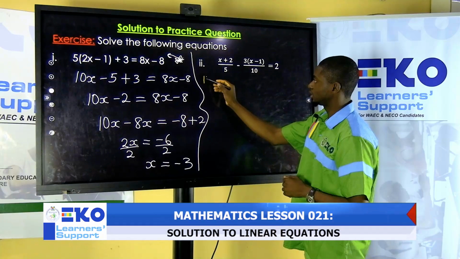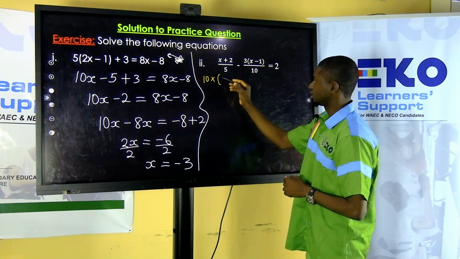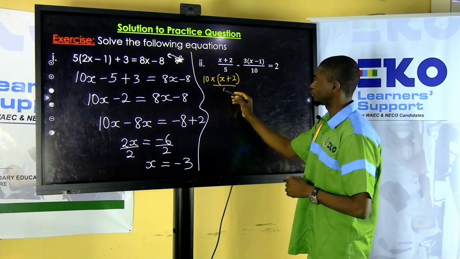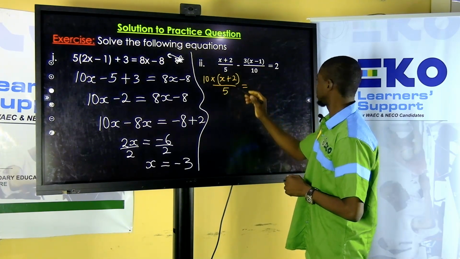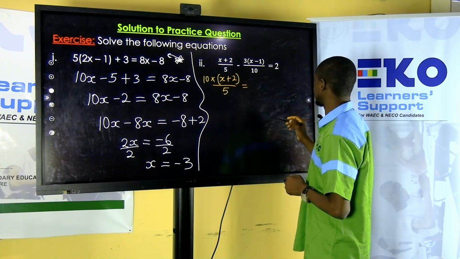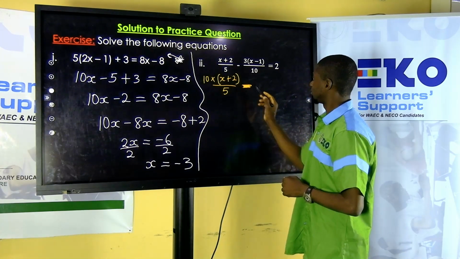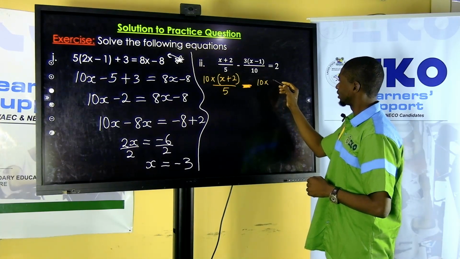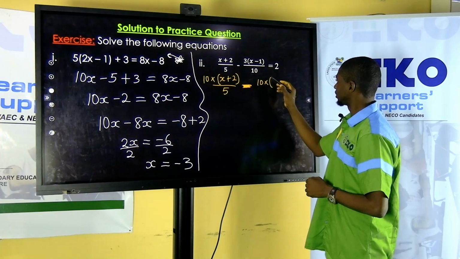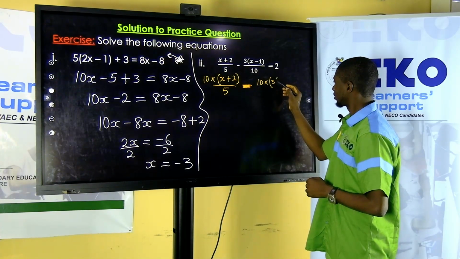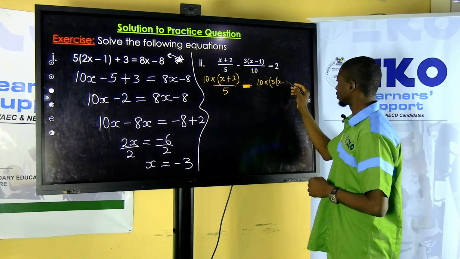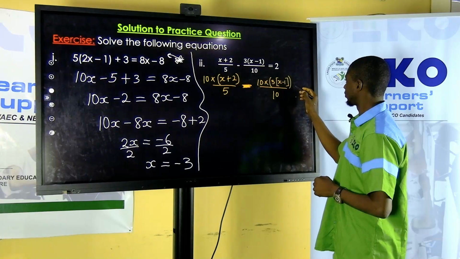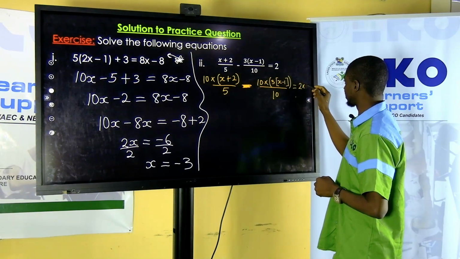Meaning 10 multiplied by x plus 2, close bracket, over 5 equals, not equal. So at that point is minus. We use the same 10 to multiply 3x minus 1 divided by 10 equals to 2 times 10.